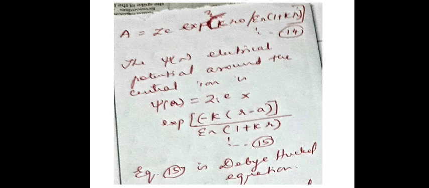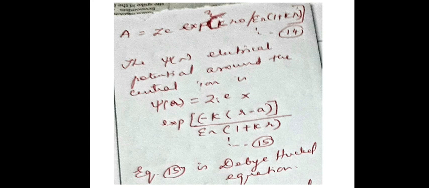Integration of this 13th equation gives equation 14: a is equal to Ze exponential of k r naught by epsilon r (1 plus k r naught). So the electrical potential psi r around the central ion is psi r is equal to Zi e into exponential of minus k(r minus a) by epsilon r (1 plus ka).